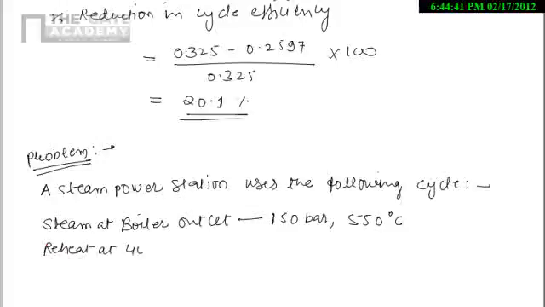Reheat at 40 bar to 550 degree centigrade, and condenser at 0.1 bar. Now, in this problem, we have to consider the ideal process.